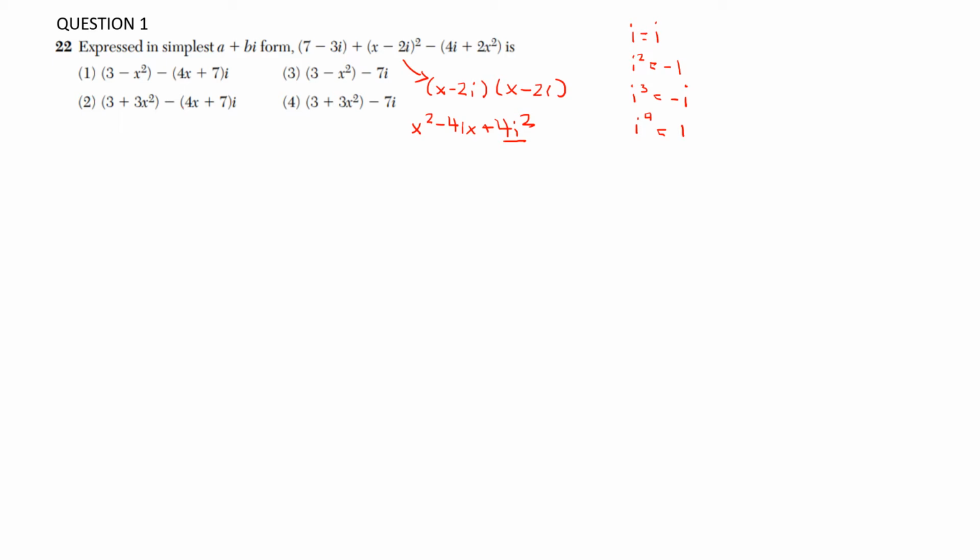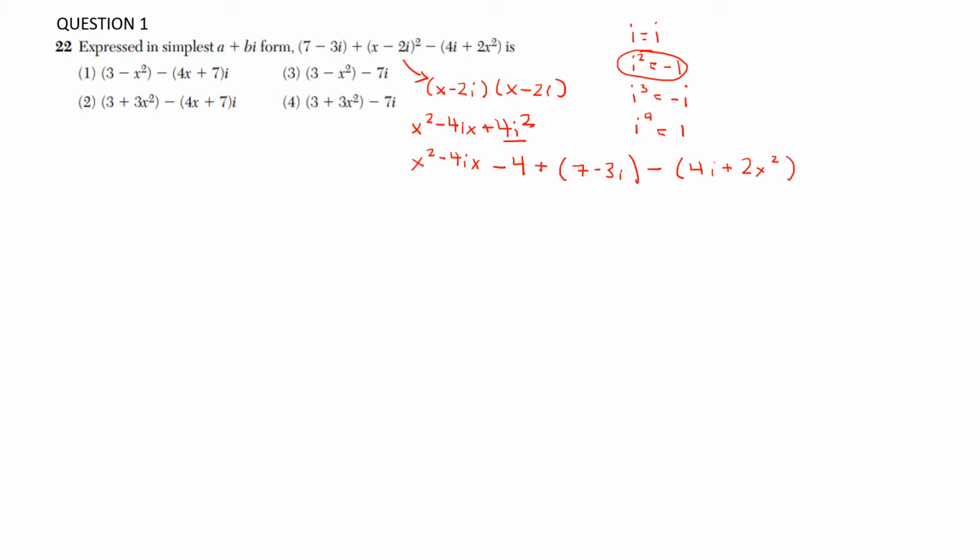So we can replace this i squared with this negative 1 term, which means this term is x squared minus 4ix minus 4. And now we can throw in the other terms, plus 7 minus 3i minus 4i plus 2x squared.